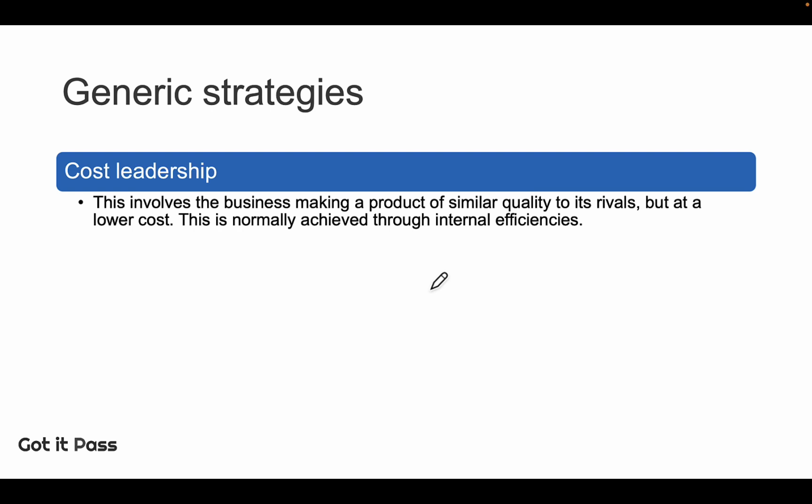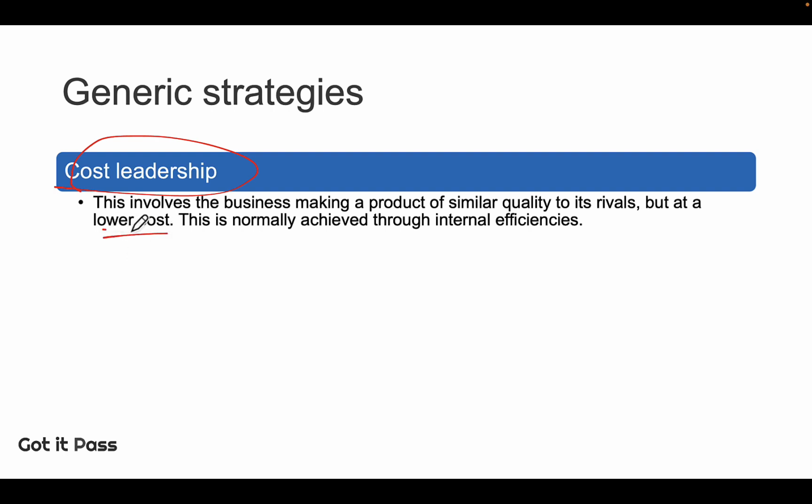There are 3 generic strategies proposed by Porter. The first one is cost leadership. This involves the business making a product of similar quality to its rivals, but at a lower cost.